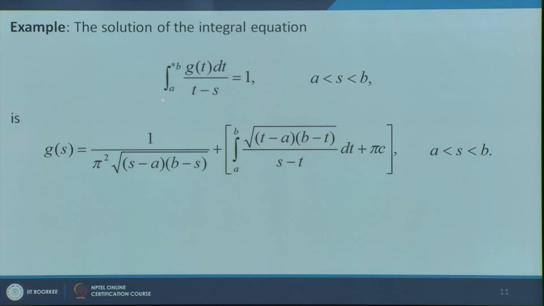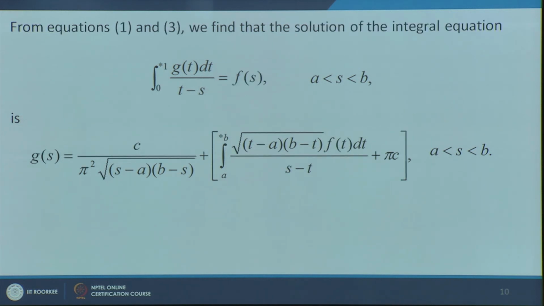For example, suppose we have this equation: integral a to b g(t) dt upon t minus s equal to 1, a less than s less than b. Then here the function f(s) is given to be equal to 1. So making use of that, we can put g(s) equal to c upon pi square root of s minus a into b minus s. a is equal to 0, b equal to 1 we are given.